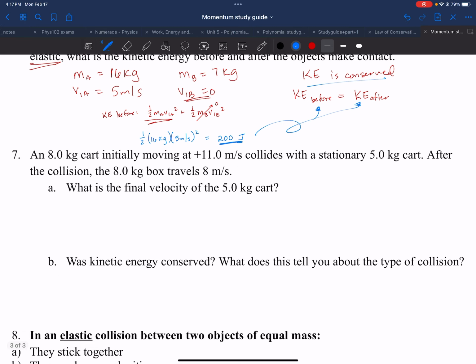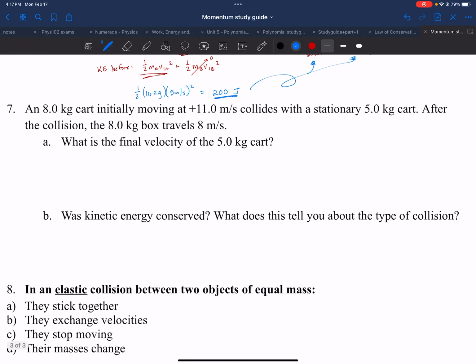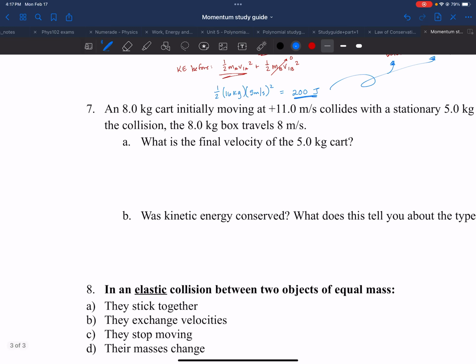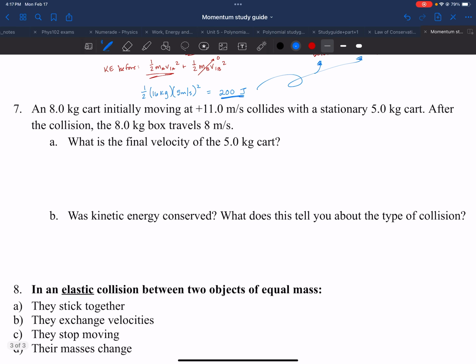All right, number 7, an 8 kilogram cart initially moving at 11 meters per second collides with a stationary 5 kilogram cart. After the collision, the 8 kilogram box travels 8 meters per second. I am suspicious that this is inelastic, but we won't know until we actually take a look at the kinetic energy. So mass of A is 8 kilograms, and its V1A is 11 meters per second.